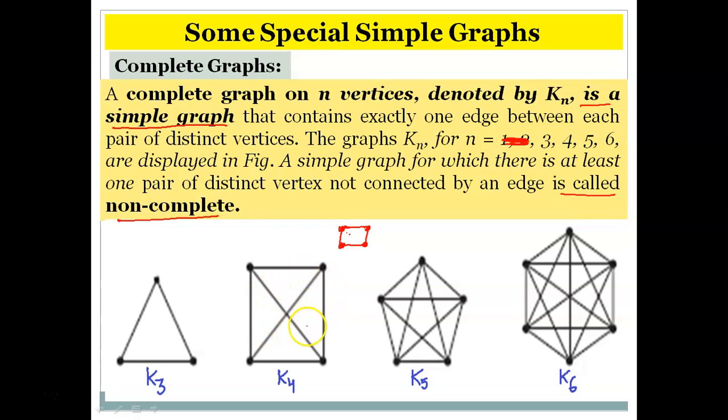So this is a complete graph of four vertices. This is a complete graph of 5 vertices, and this is a complete graph of 6 vertices. And also note that in a complete graph, no two vertices should be connected by more than one edge. Even if we write it like this, it is complete, but once you do this it will not be a complete graph. Fine.